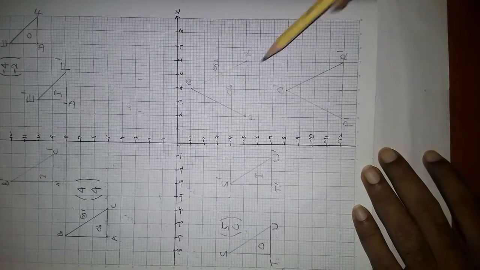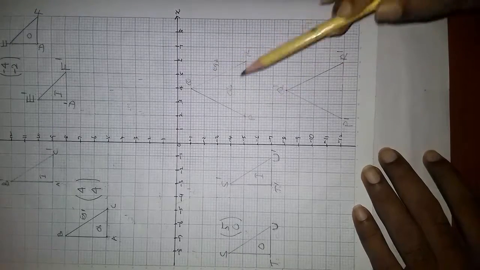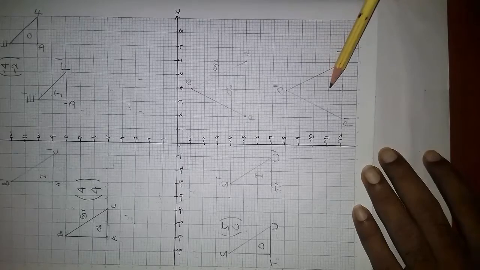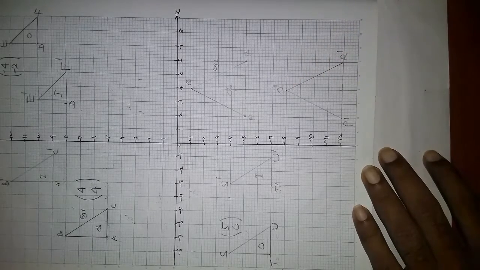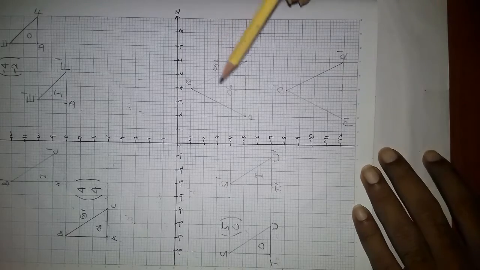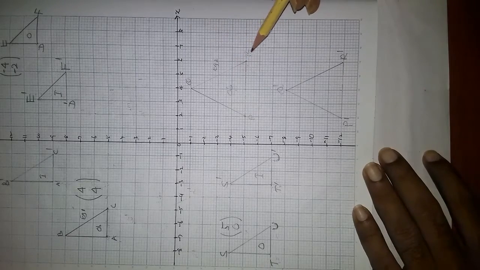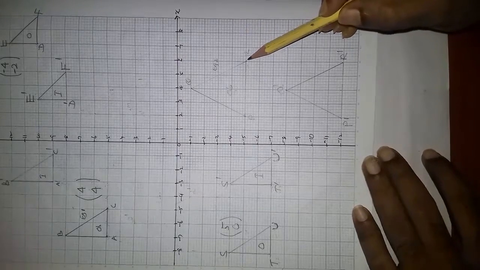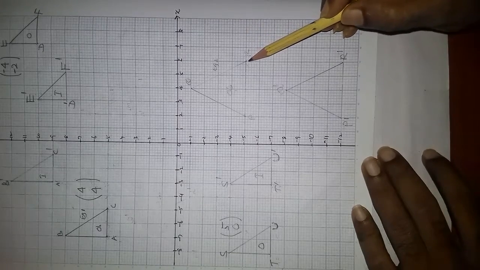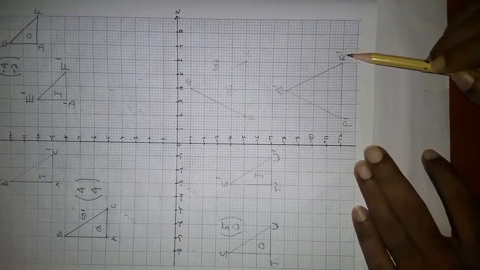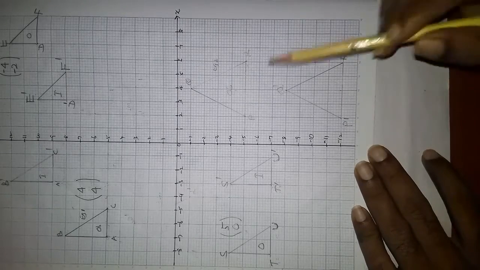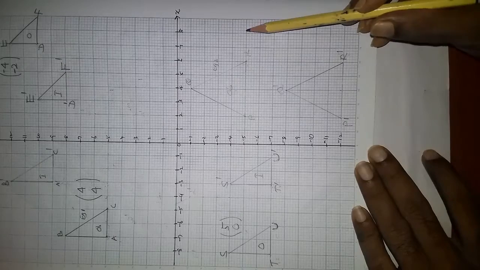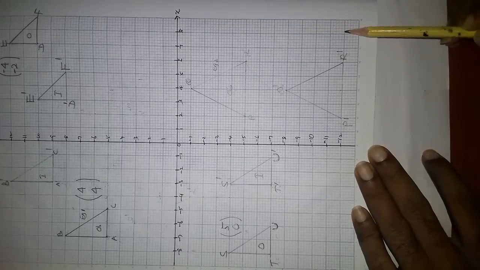Here also you can see triangle PQR, the object triangle, is translated onto P dash Q dash R dash. We will take a pair of corresponding object and image points, R and R dash. If you go here downward, you don't meet R dash.